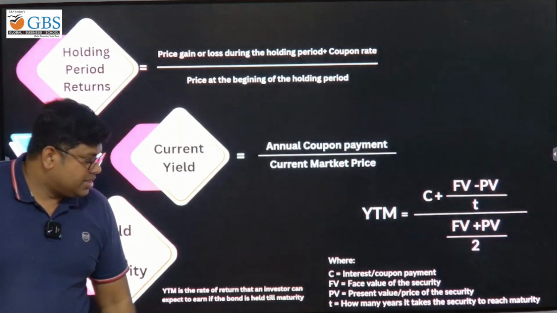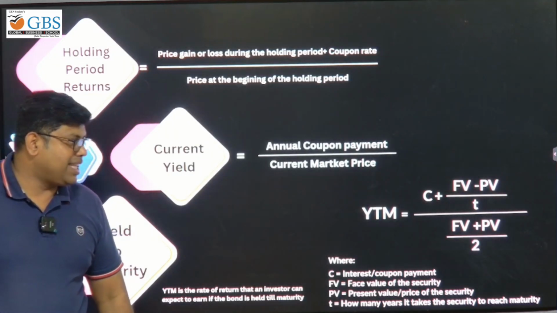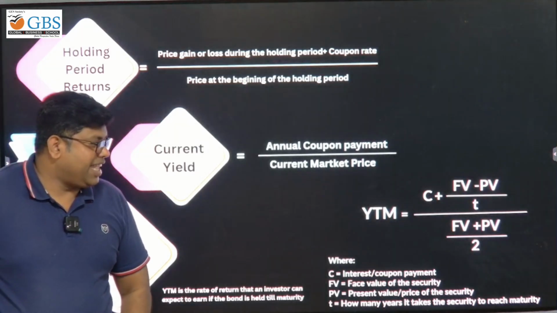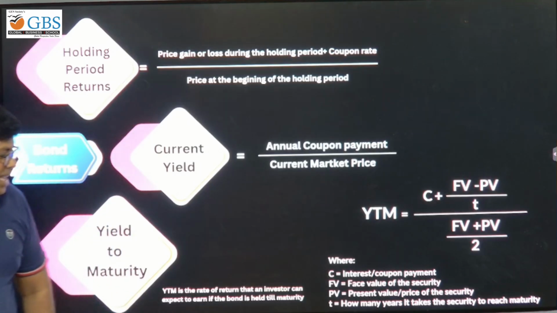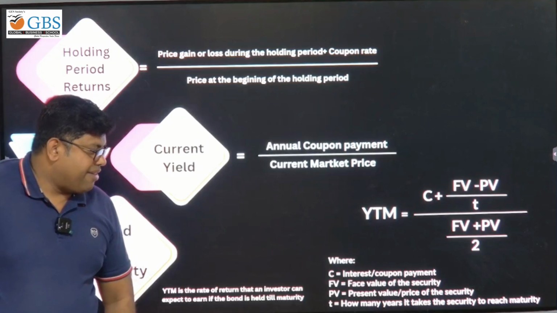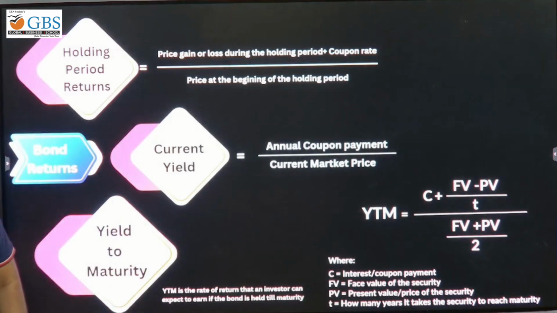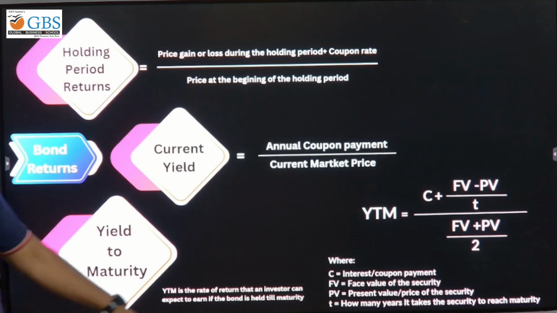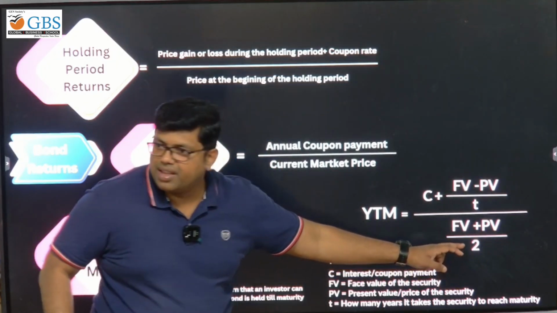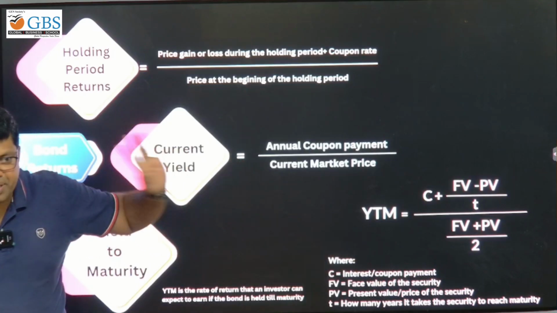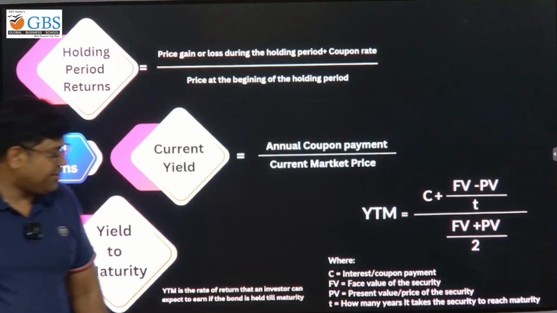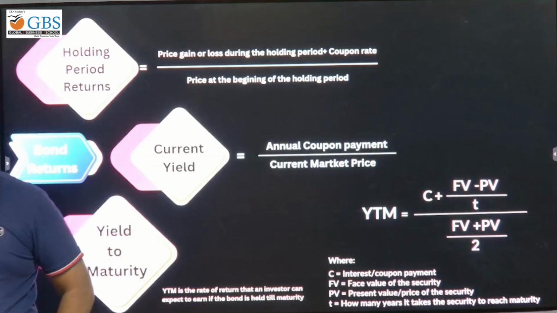YTM is equal to C plus (FV minus PV divided by T), where FV stands for face value, PV is present value, and T is how many years it takes the security to reach maturity, divided by the average of face value and present value, that is (FV plus PV) divided by 2, where C stands for the interest or coupon payment amount.